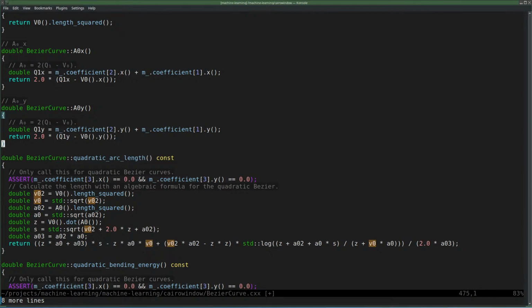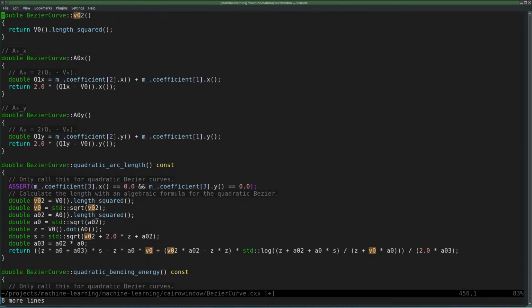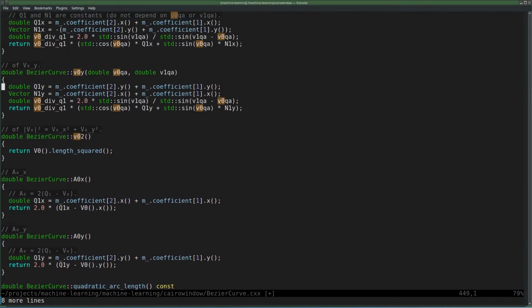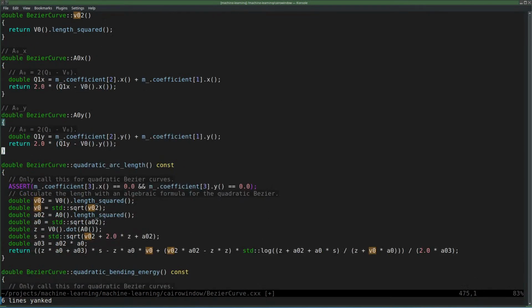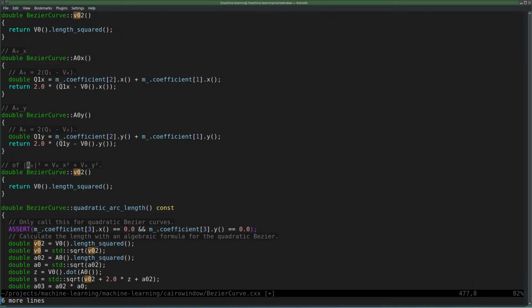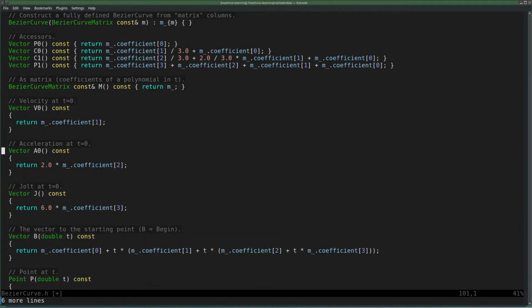Yep, and then we have, of course, the same thing here, but then for A. Where A0 is defined as 2 times coefficient 2.